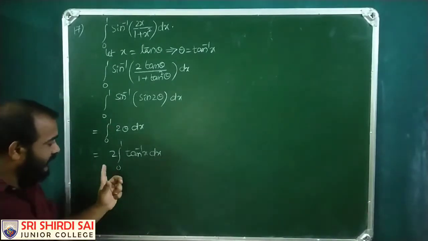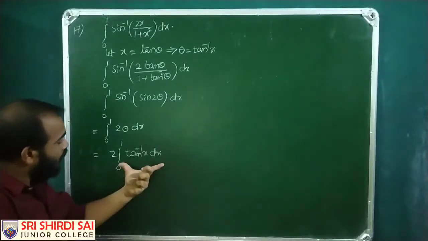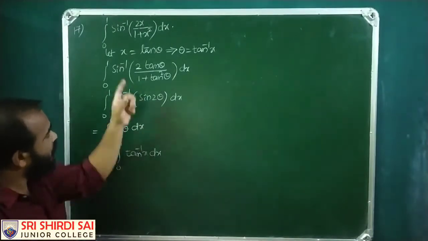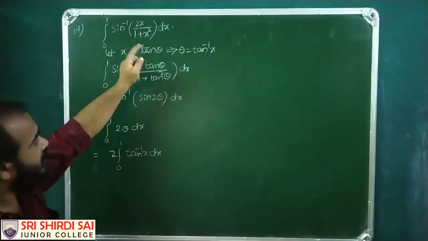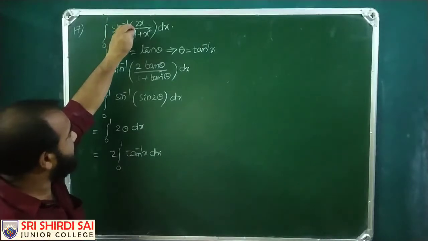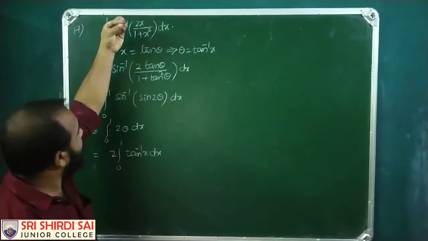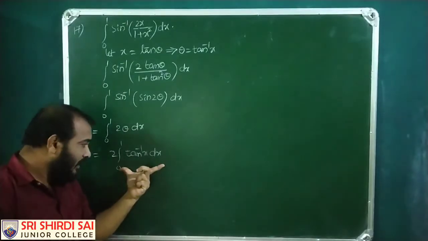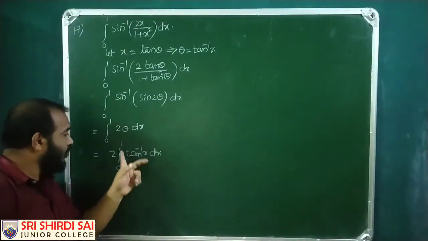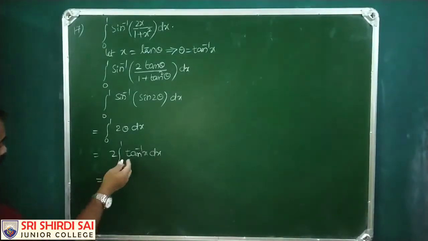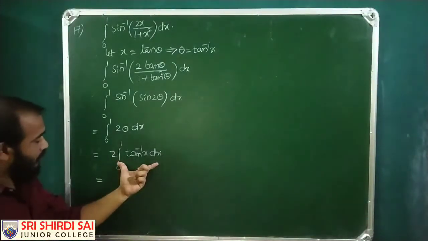It is not subjected to the change of the variable of integration to theta. That is why I did not change the limits, because the given function is in the variable of integration x. So here also in terms of x only, therefore the 0 to 1 limits are not going to be changed.